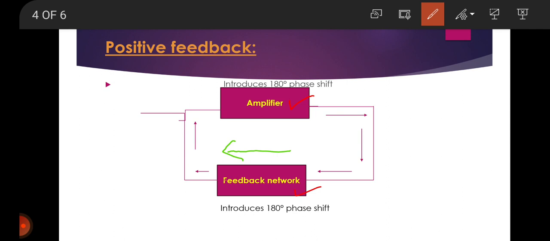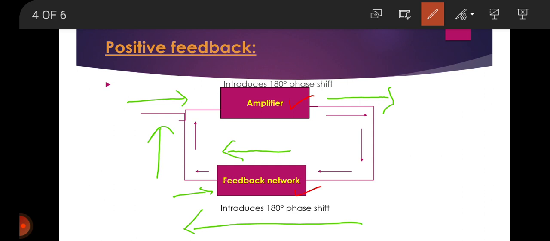The process of injecting a fraction of output energy back to the input is known as feedback. Therefore, in positive feedback, the feedback network produces the feedback energy which is in phase with the input signal.